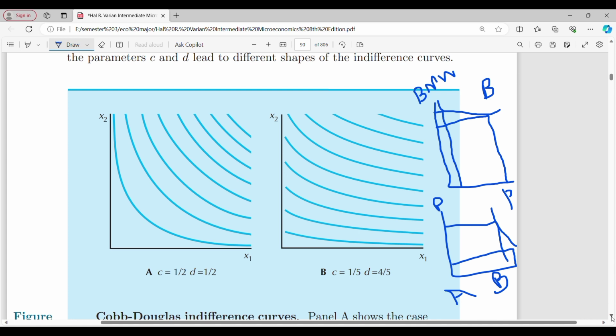This utility function will be useful in several examples. Preferences represented by the Cobb-Douglas utility function have the general shape depicted here. We have illustrated the IC for c equal to half and d equal to half, and in figure 4.5b we illustrated it as c equal to 1/5 and d equal to 4/5.